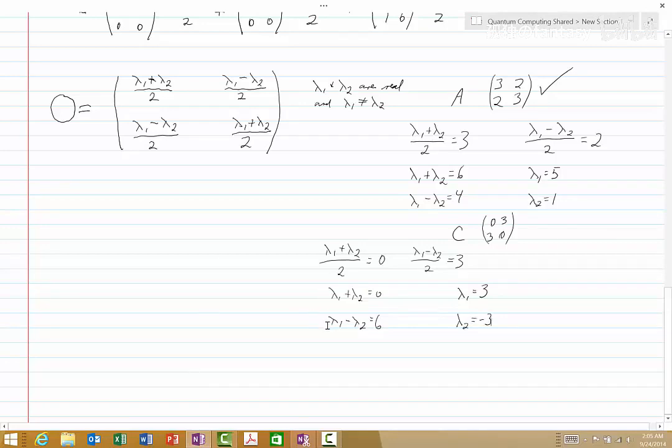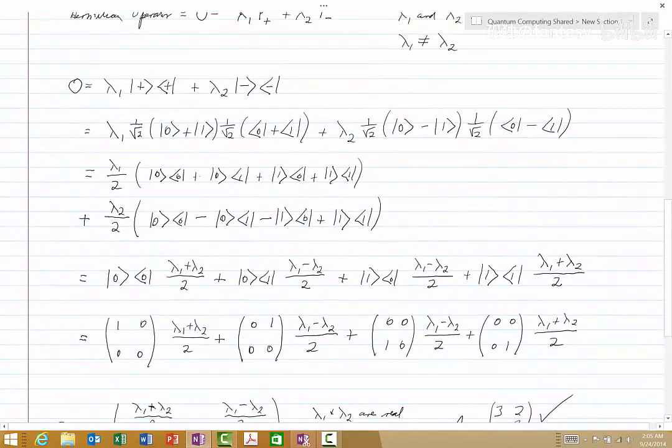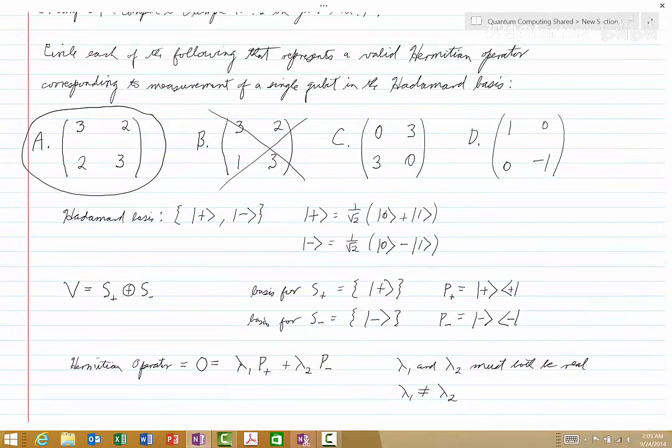And sure enough, if we substitute those values in, 3 plus negative 3 is indeed 0, 3 minus negative 3 is indeed 6, and so the use of these values for lambda 1 and lambda 2 would make this matrix identical to the matrix given in C, and therefore C also works. So we would want to circle answer C.